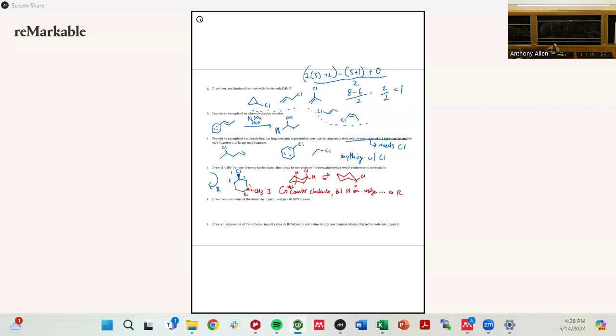And then the methyl goes axial down. That was bad.